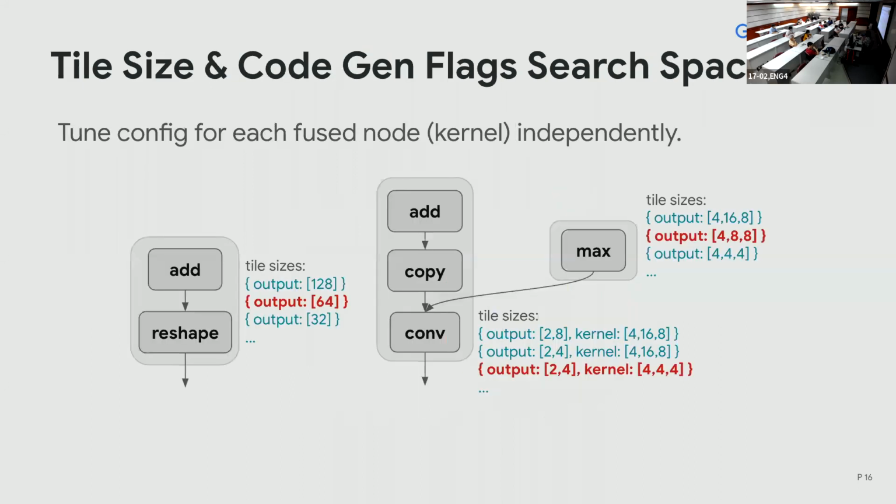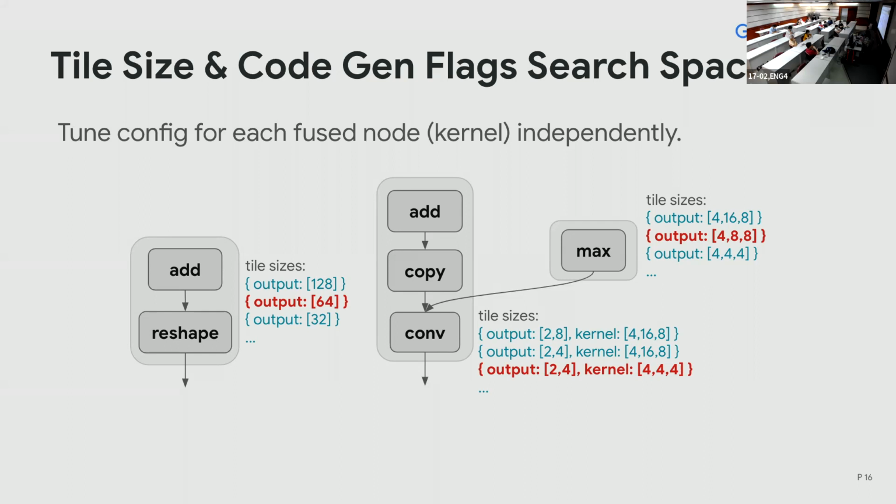All right, and next, this is the last example that I have, and these are the optimizations at the kernel level. So the optimization that we support auto-tuning is to select the best tile size for each of the kernel, and also some low-level parameters for the code generation.